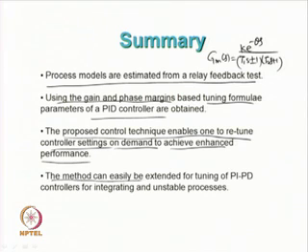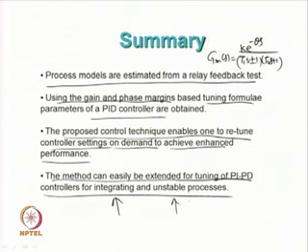The method can easily be extended for tuning of other types of controllers such as PI-PD controller and so on, even for integrating and unstable processes. Initially, we discussed the way PID controller parameters can be designed for a second order plus dead time stable transfer function model. Then we extended it to a second order plus dead time unstable process model. It can also be extended to second order or first order integrating processes with dead time.